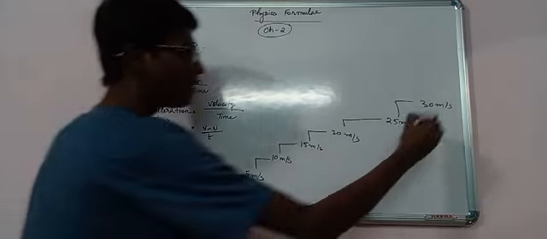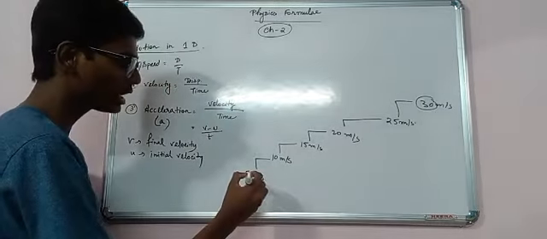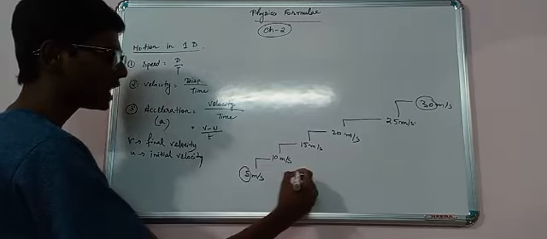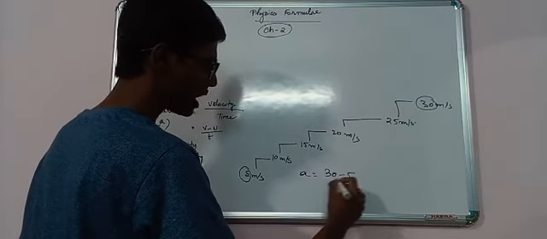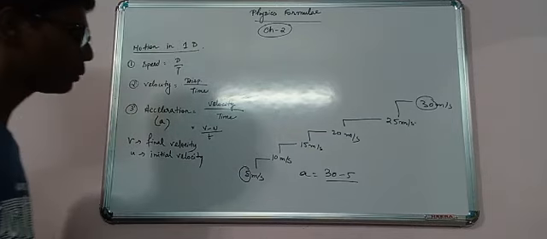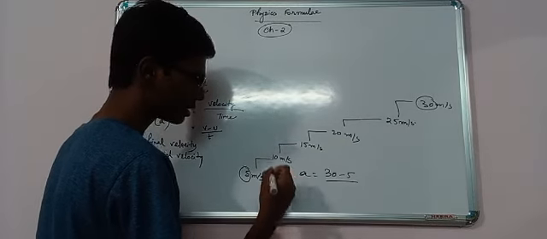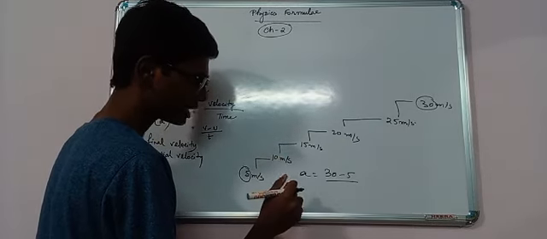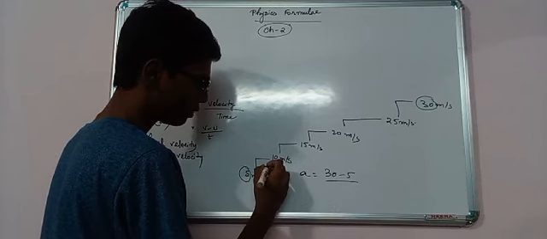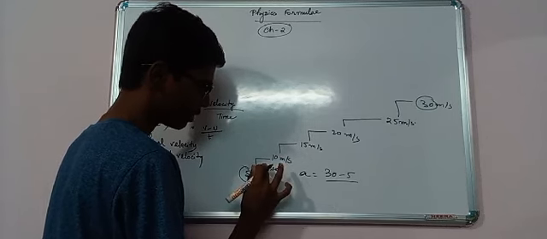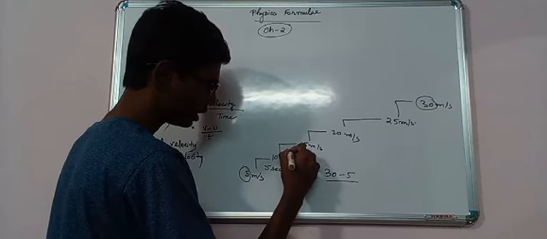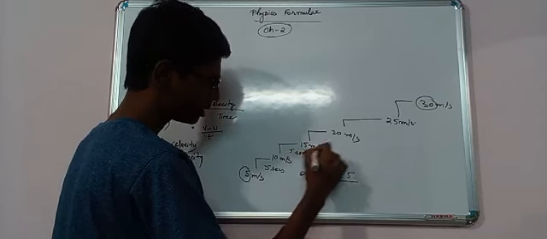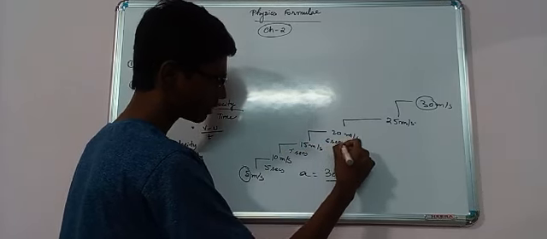Final velocity is 30, initial velocity is 5. So if I want to find the acceleration, then what will it be? 30 minus 5 by, suppose the time taken here is, for example, 5 seconds. In every 5 seconds, this is the change in velocity.